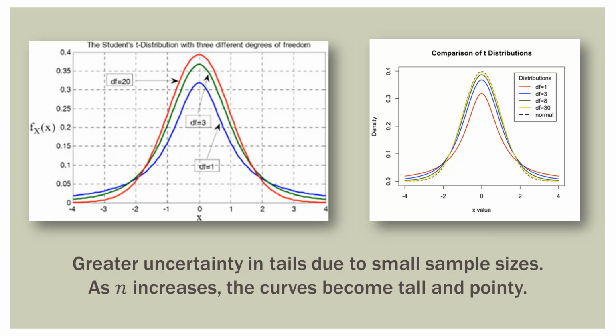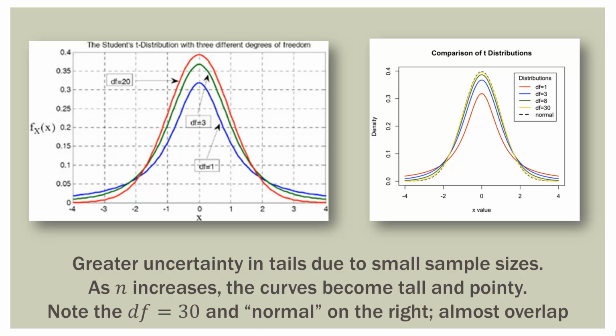As our sample size n increases, the curves become tall and pointy in the middle. And of course, note, as I did on the right-hand side, that the degrees of freedom equals 30, which is the yellow, and the normal curve, the dashed line, almost overlap.